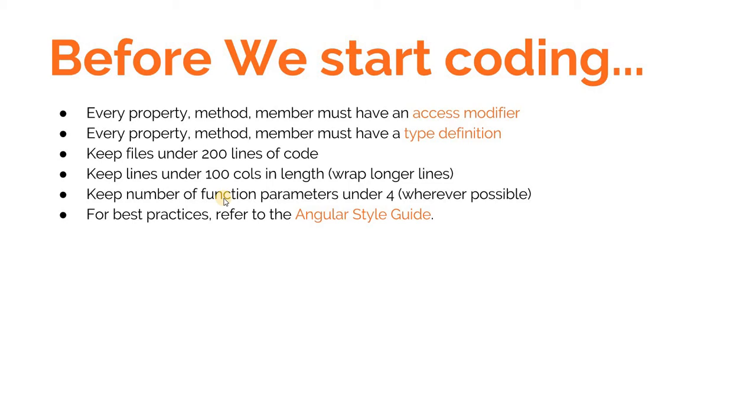Okay, it should also specify a return type, so every function should have a return type assigned to it. If there is nothing returned from that function, void should be specified.